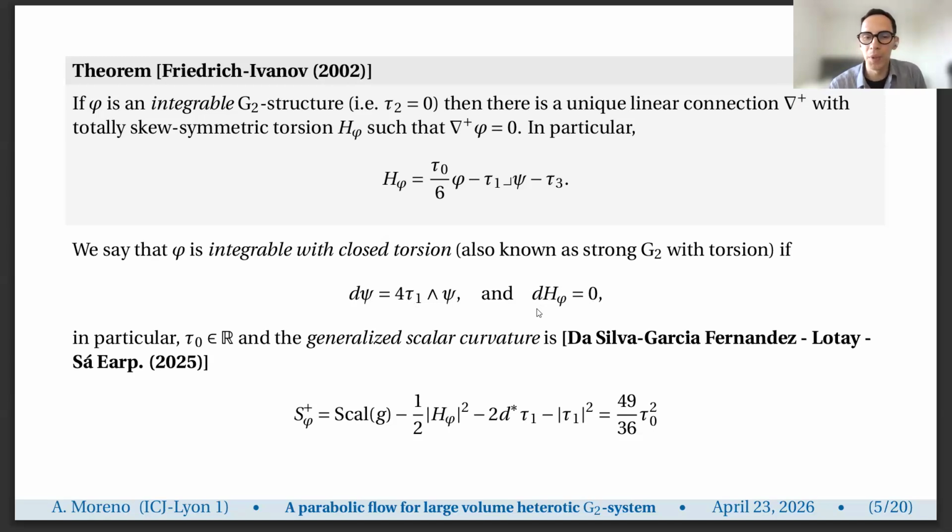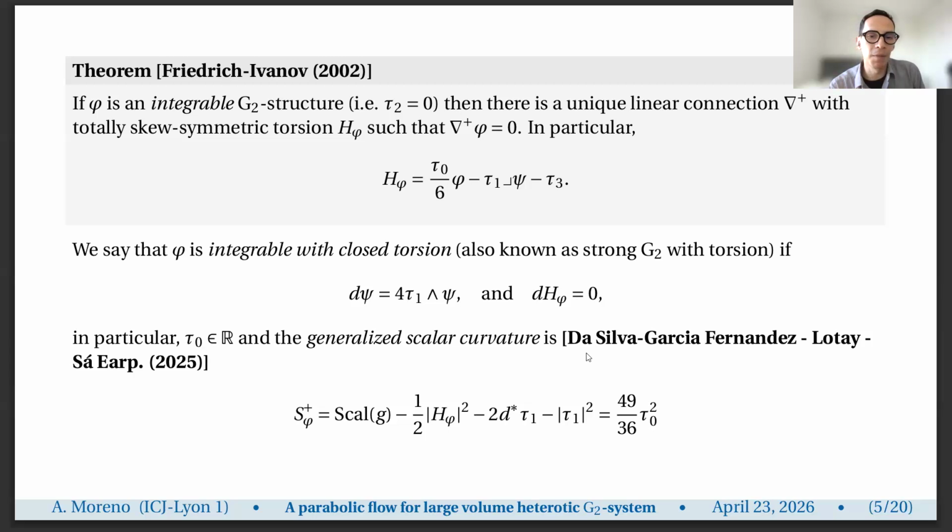We saw in the previous talk of UDAF that this is also called a strong G2 with torsion. So in particular, these G2 structures are motivated by generalized geometry, as was studied also by Agnaldo da Silva, Garcia Fernandez, Lotey, and Saer.